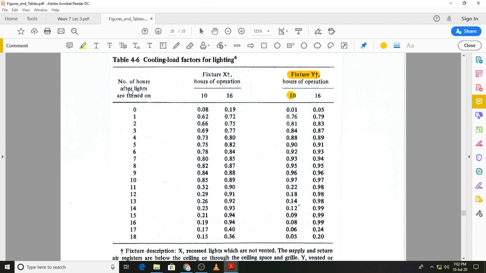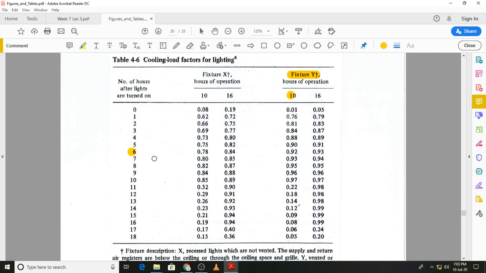And in the first column we have number of hours after lights are turned on, and this value is again worked out similar to the value that we had used in the case of occupancy, that is, how much time has elapsed since the lights were switched on until the time you are finding out the cooling load. So we start from 800 hours when the lights are switched on, and we are finding out the cooling load at 1400 hours, so 6 hours have passed until then.